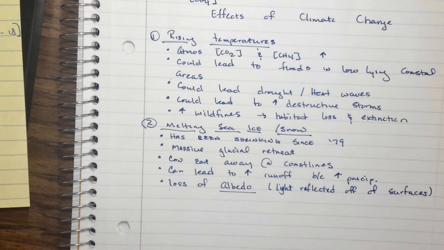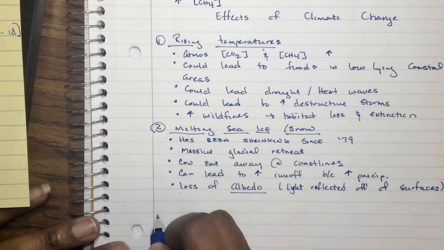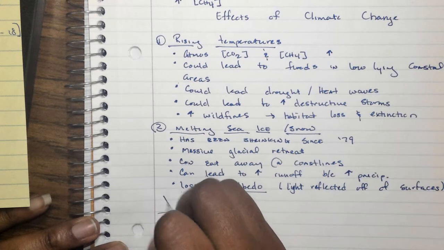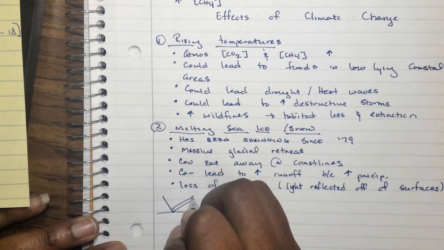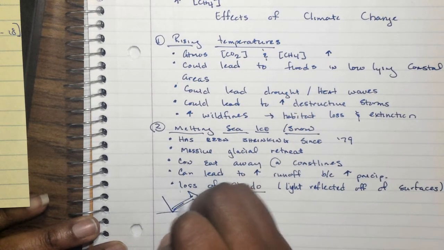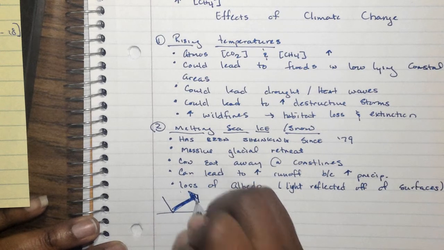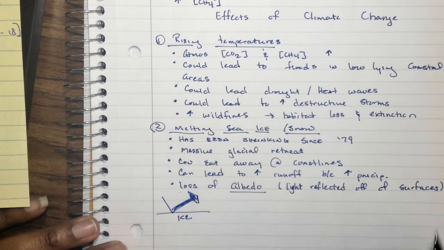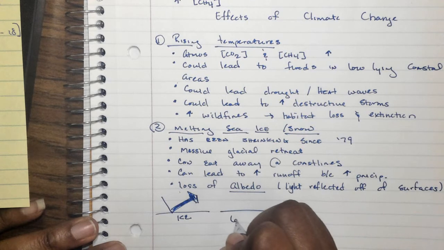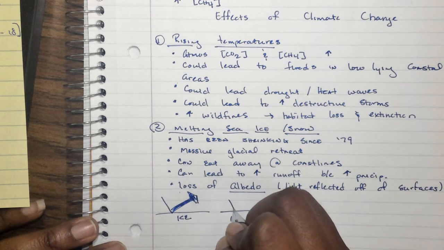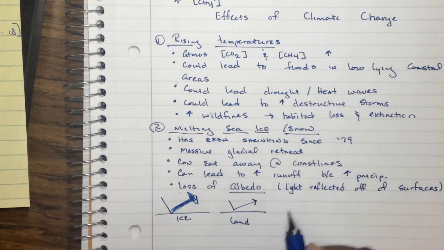So what's going to have the highest albedo, sea ice or land? Sea ice. Okay, so sea ice is going to have a greater albedo. So you're going to have a lot more reflection off of ice than off of land.